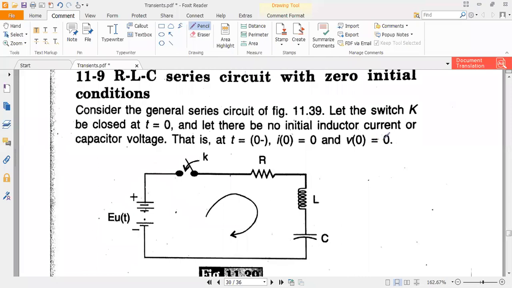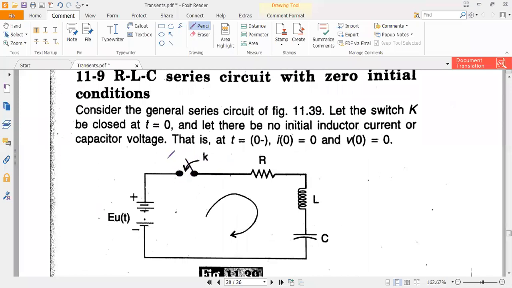Okay. So here, the initial conditions are t equal to 0 minus as well as t equal to 0 plus, because at t equal to 0 we are considering that the switch is closed.